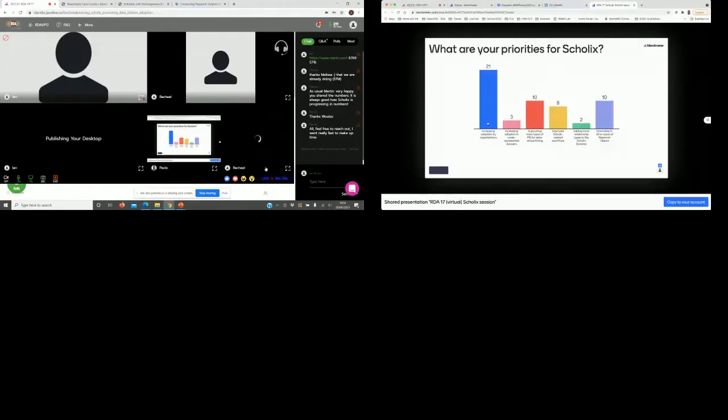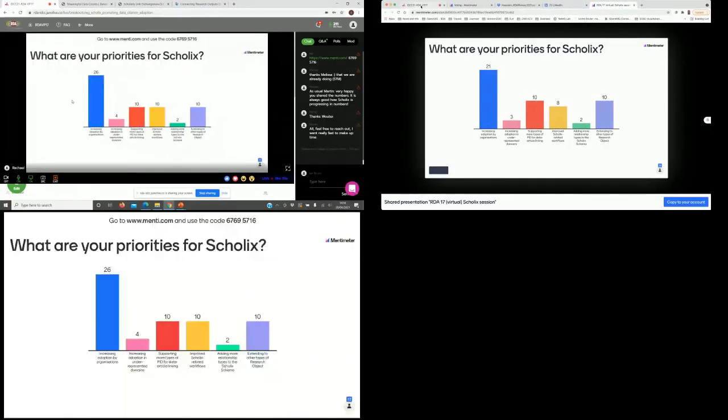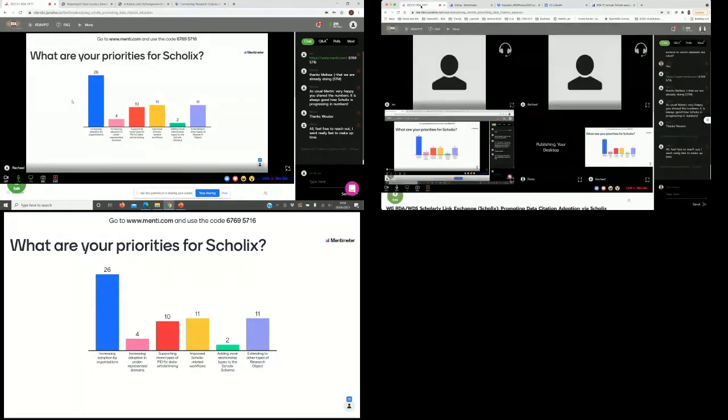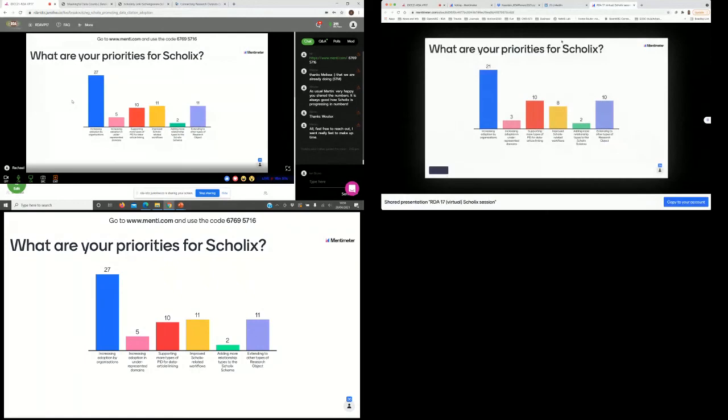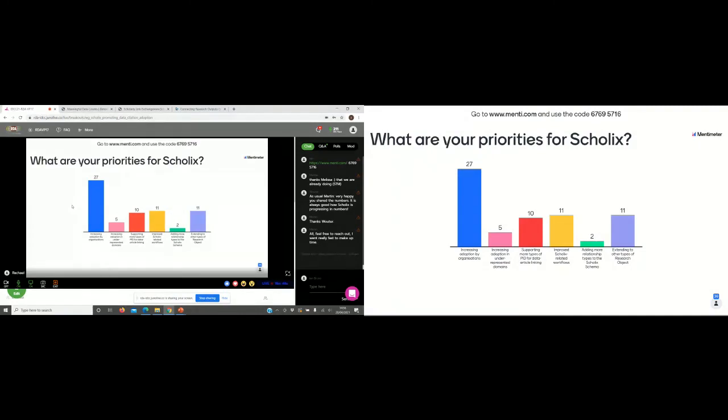That should work. It is indeed working. This is fantastic, and it's still tweaking slightly, and adoption by organizations comes out as the number one priority. Modest responses as well to the other types of research object.